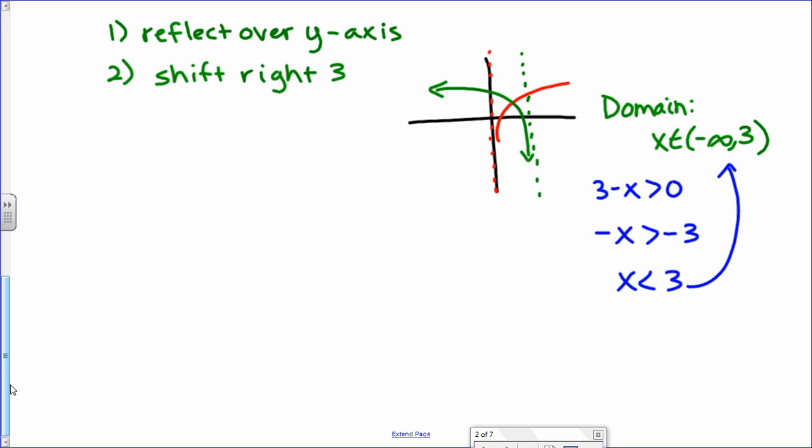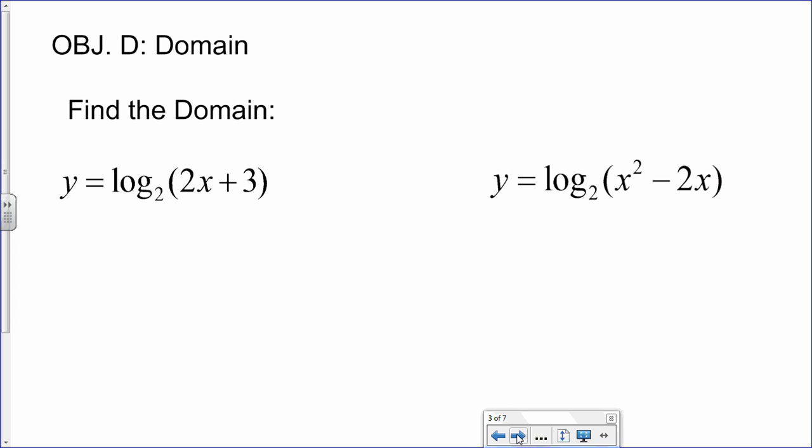Okay, so we're going to do some problems now, just finding domain. Okay, I'm not solving this log, I'm not graphing it, I'm finding domain. So I take what's inside and I write this inequality.